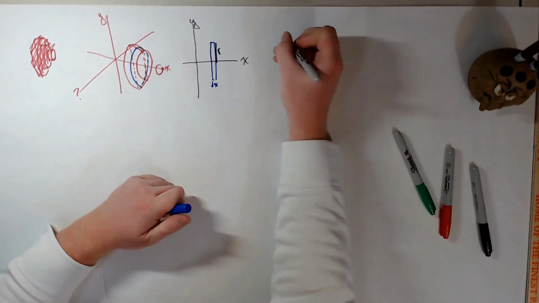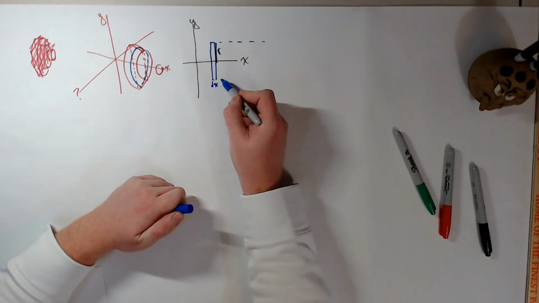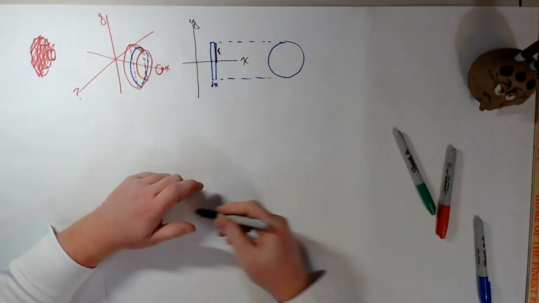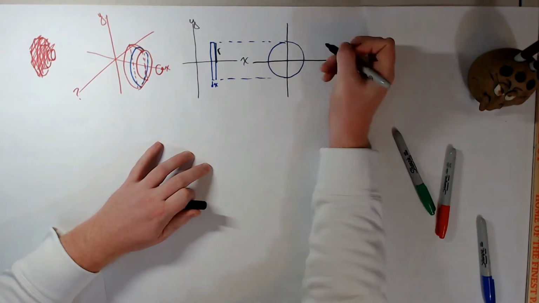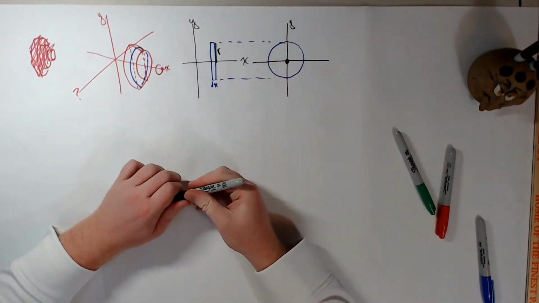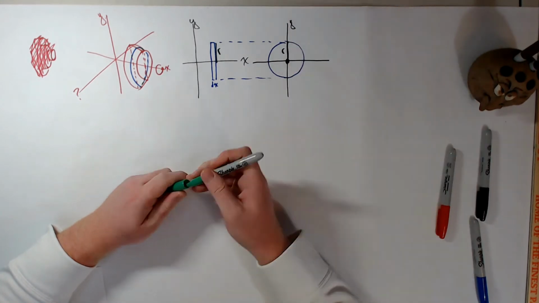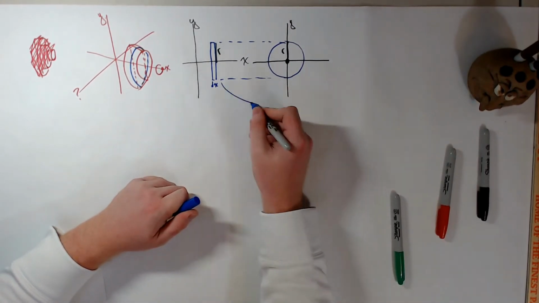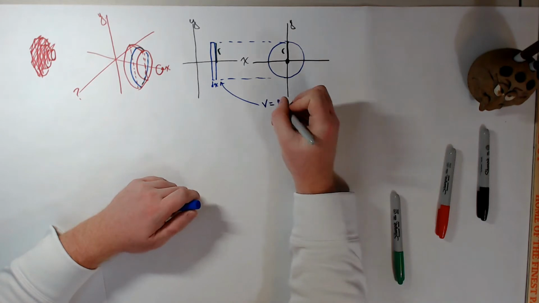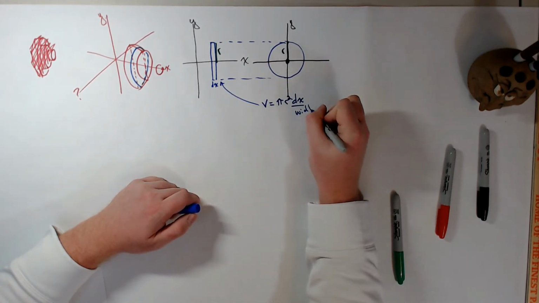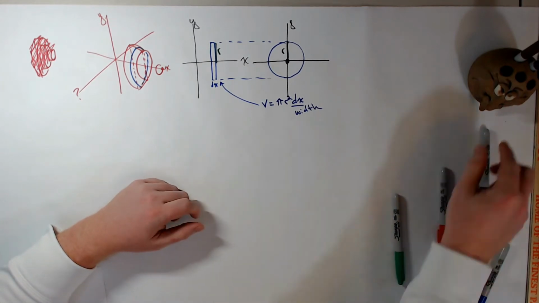Now if you were to look at this from the front view, you can see that this slice is actually a circular disc. So it's kind of like a really thin cylinder with a height of dx and a radius of r. So finding the volume of a single disk is a matter of multiplying pi times the radius squared and dx, which is the width.